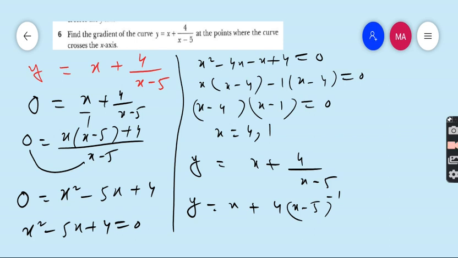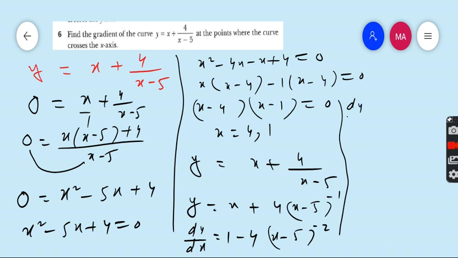Now find the derivative. dy by dx equals derivative of x is 1, minus 1 over here, minus 4 x minus 5 to the power minus 2. So dy by dx equals 1 minus 4 upon x minus 5 to the power 2. This is the final derivative.